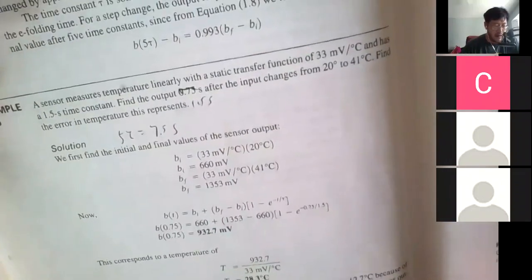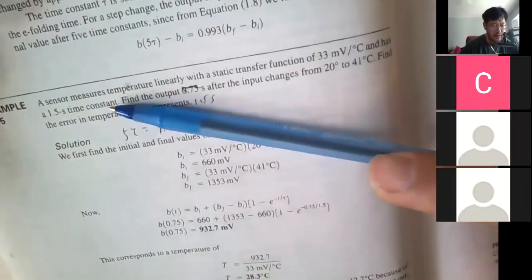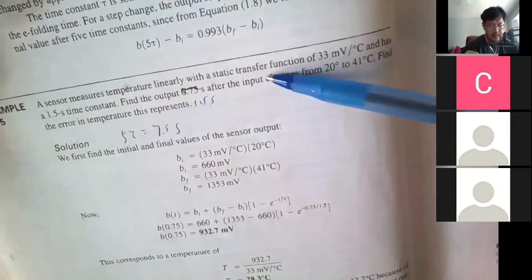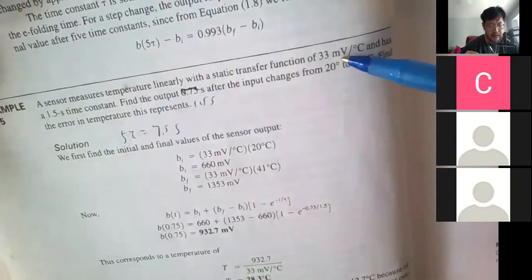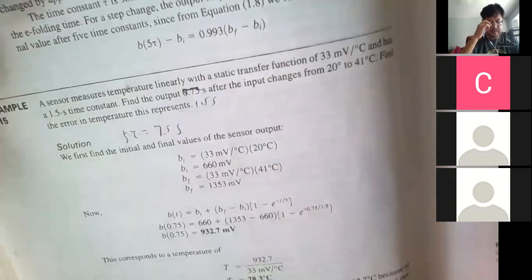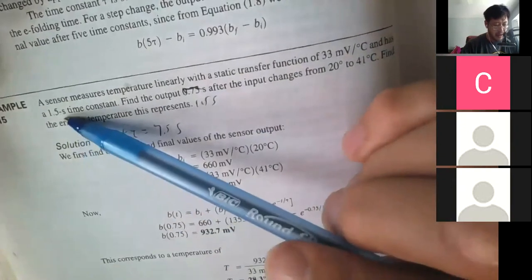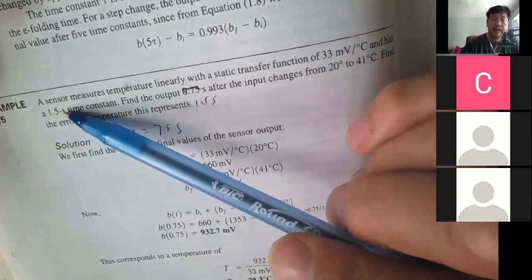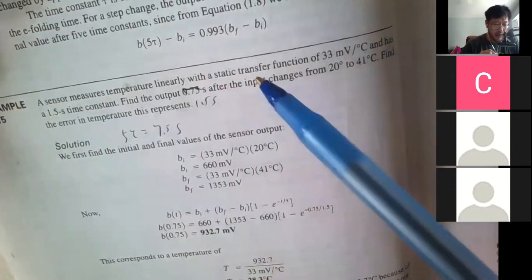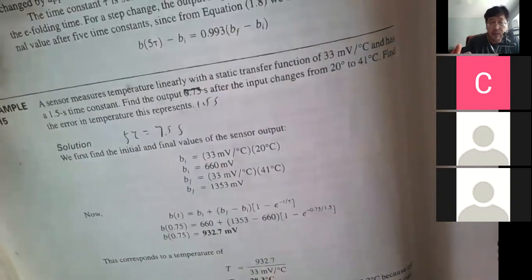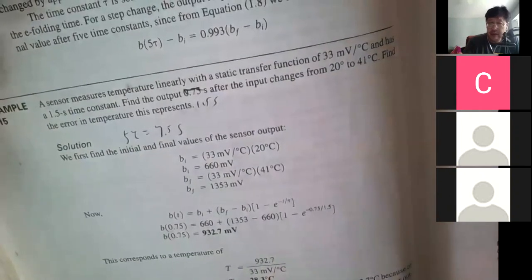Let's do an example, example 15 from our textbook. The sensor temperature reading is 30 millivolts per degree. The time constant is 1.5 seconds. My question number one: how long do I have to wait to get an accurate temperature reading?